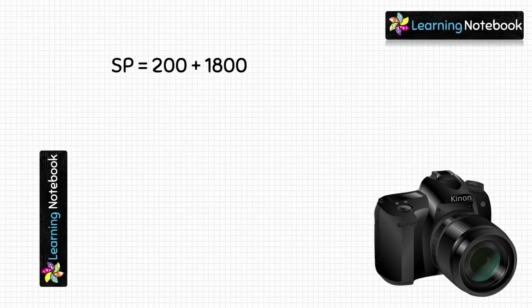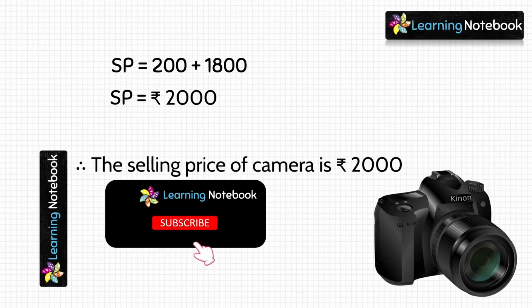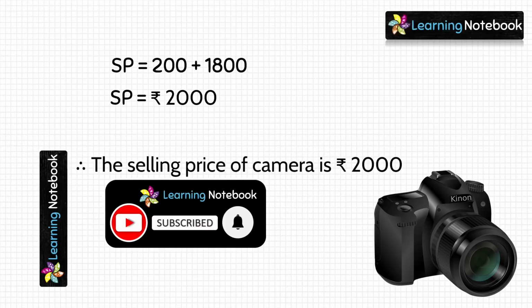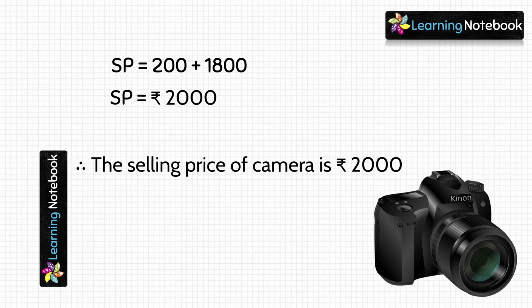On adding these two values, we get selling price equals to rupees 2000. So let's write the answer statement. The selling price of a camera is rupees 2000. So students, this is how we calculate the selling price when cost price and profit are given to us.